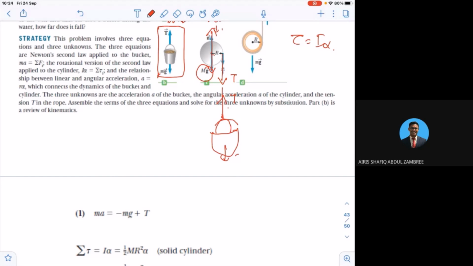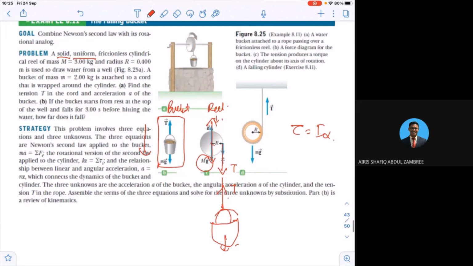They may use this equation: the summation of F equals m a, because the bucket will go down.